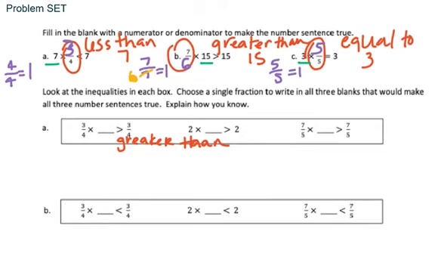So now, if these are all greater than, what we really want to do is look at the constants. So 3/4 is a constant, 2 is a constant, and 7/5 is a constant. So you need to choose a single fraction. So you have to choose the same fraction for each problem.